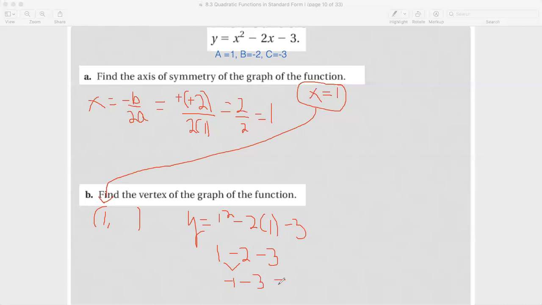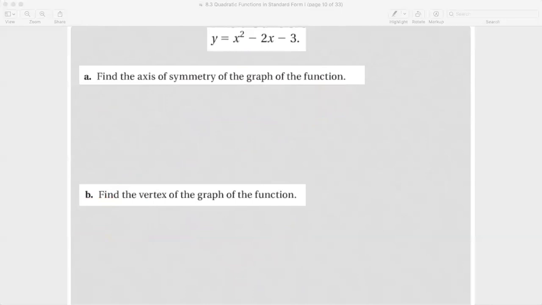So that would give me a negative 4. So my vertex will be at 1 comma negative 4. Okay, see, not so painful when they're not fractions. Yes, fractions happen, so we had to address it, but it's a lot cleaner when they're whole numbers or integers.